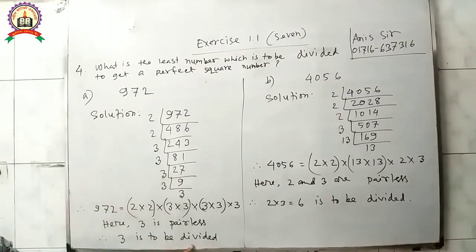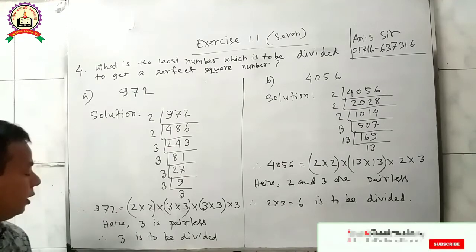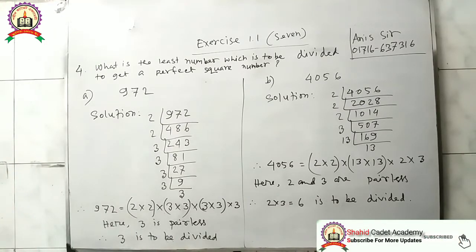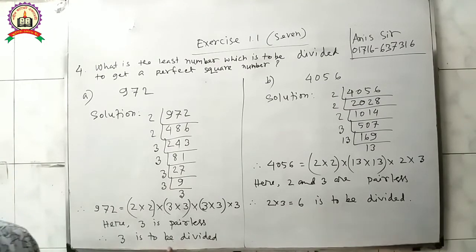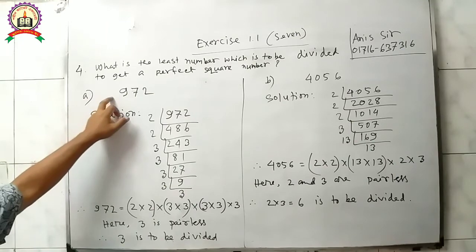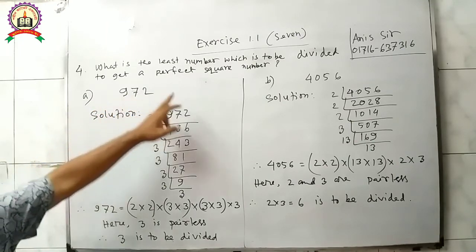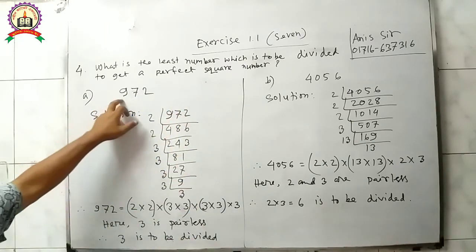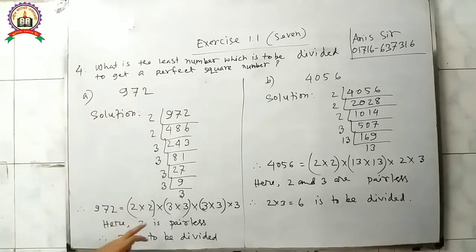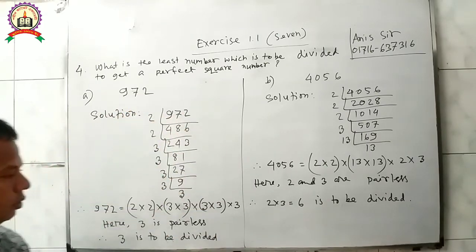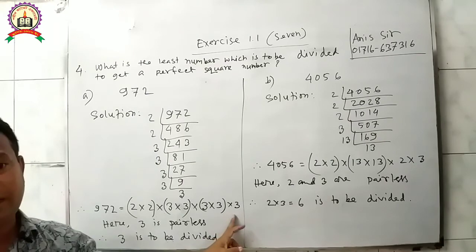If we divide 972 by 3, then we get a perfect square number, because 3 is pairless.